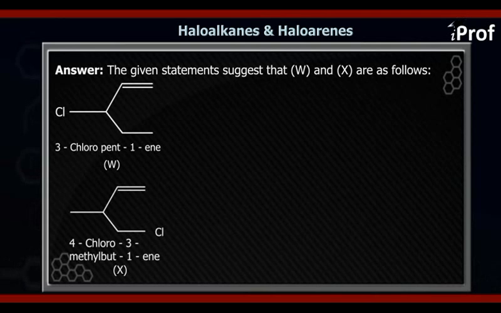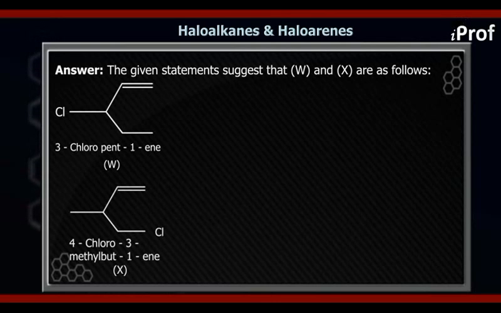Now if these are the two optically active isomers, we need to check which will be X and which will be W. As per the information given in the question, W on treatment with 1 mole of H2 gives an optically inactive compound. That means the optically inactive compound, that is the Y structure, will have two similar groups.